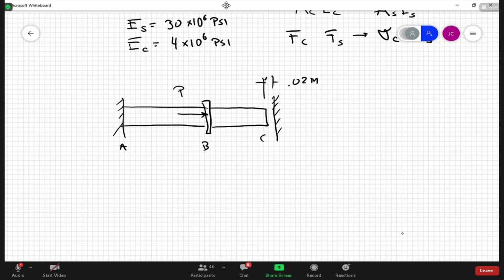Well, in that particular case, assuming the force is enough to get the bar to close that gap, which it will, otherwise the problem would be in the chapter, right? The compatibility condition is not going to be that the elongation from A relative to C is 0, but it's going to be that it has to equal the gap. Does that make sense?